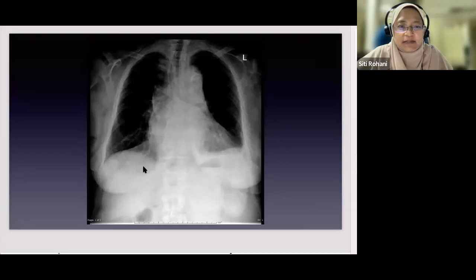In a patient with chest pain, shortness of breath, and severe epigastric pain, we should be thinking of an aortic dissection from the mediastinal vascular structure.